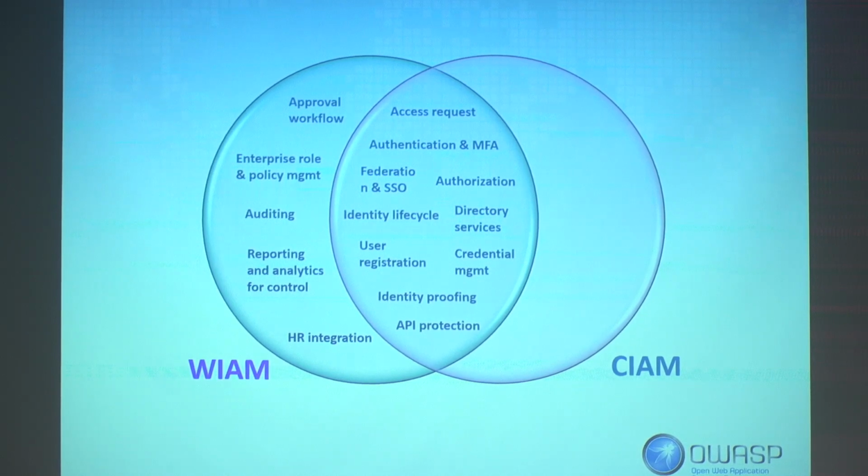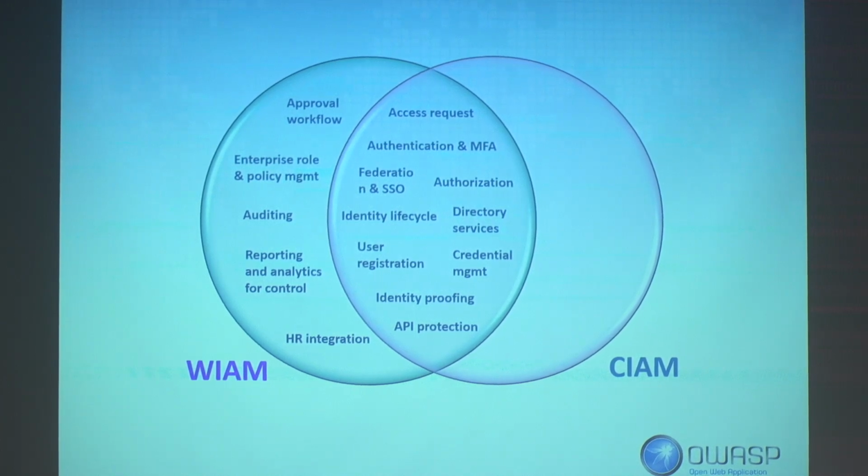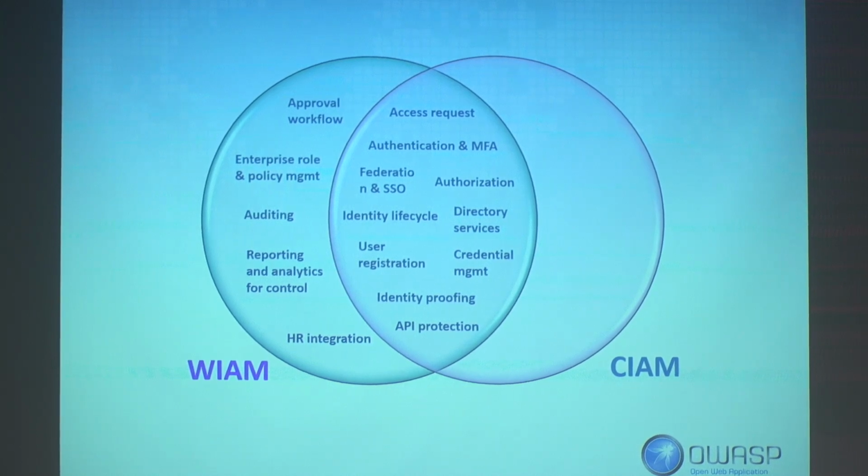And so with WIAM, for enterprise, you normally define roles, and then you manage the policies. The roles specify, for example, the software developer can access the software they develop, and the operation people can access what they need, and the accounting people can access all the finance data, but the software engineer will not be able to access it.